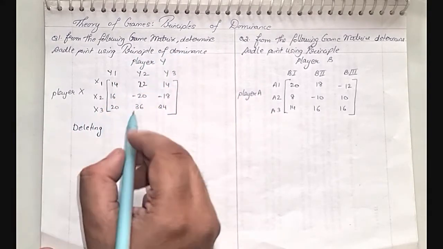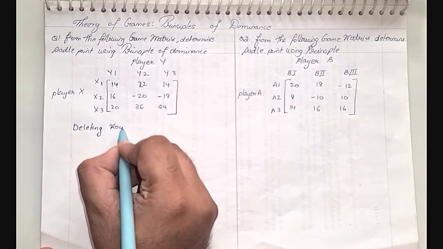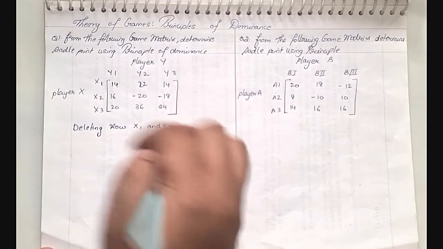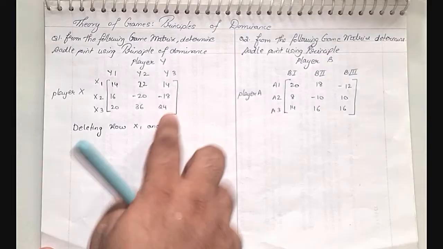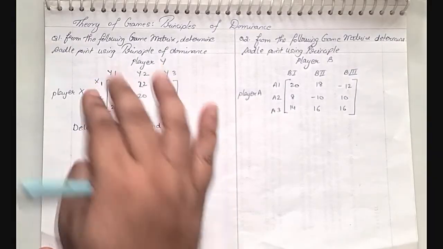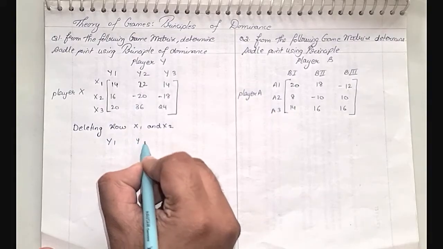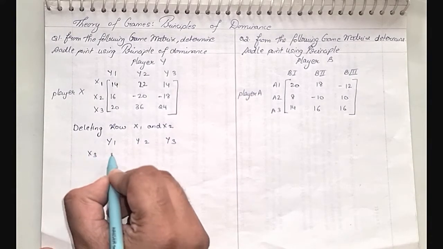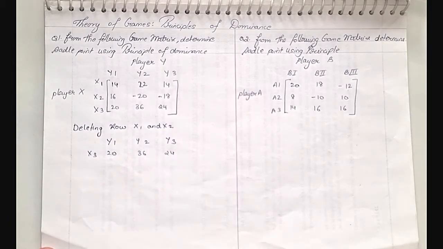According to principle of dominance, I'm deleting rows X1 and X2 because the elements in these two rows are smaller than the third one. If I delete both of them, my table will now have Y1, Y2, Y3, and X3 with 20, 36 and 24. So step number 1, I deleted the rows.